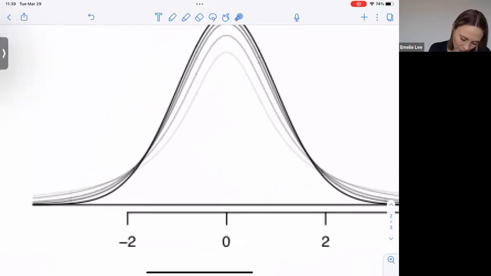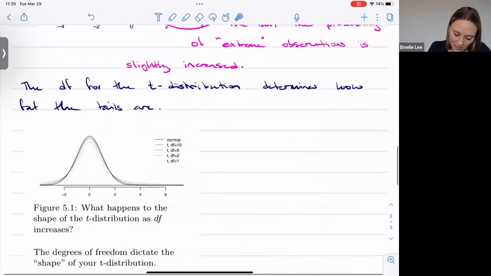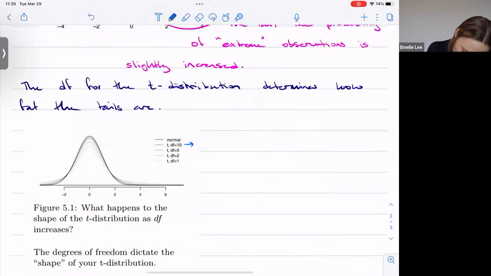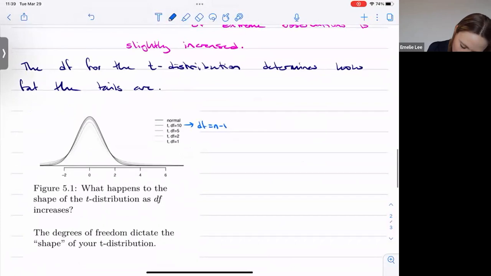Here, see how close these two are, and that's just at a sample size of 11. If the degrees of freedom, n minus 1, is equal to 10, then n must be 11. So even at a sample size of 11, the curve looks very close to the Z distribution.